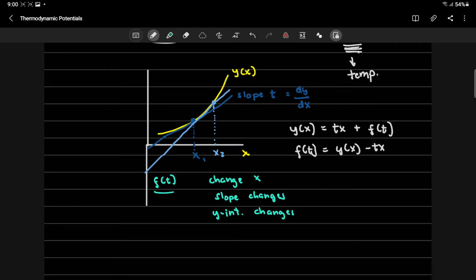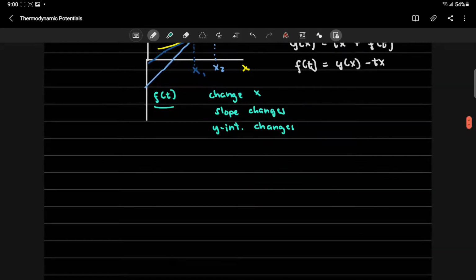So let me illustrate this further. Let me summarize what's happening here to make it easier to understand. You have a curve, a function, okay? Specified earlier by the coordinates x and y of x, right?